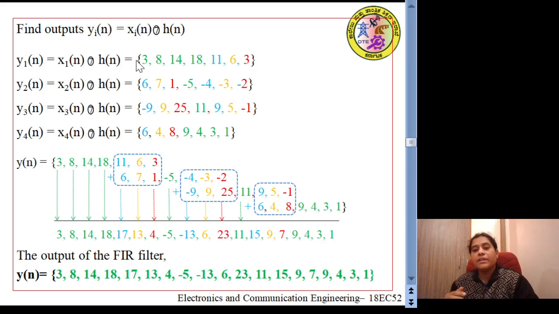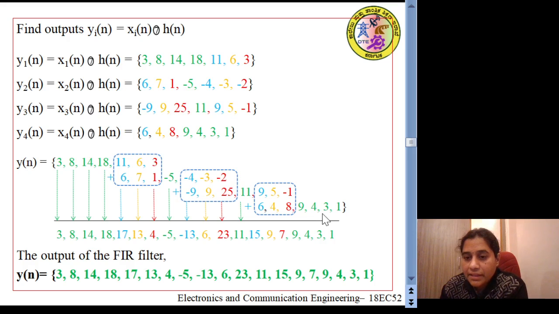So what exactly we are doing now is keeping these blocks of data. Observe 7 values here: first block of data, second block of data, third block of output, fourth block of output.